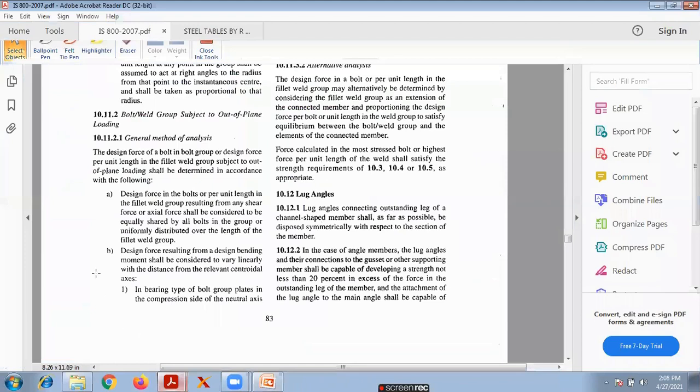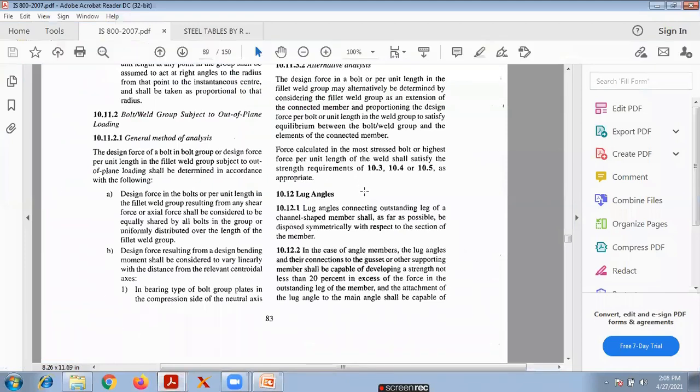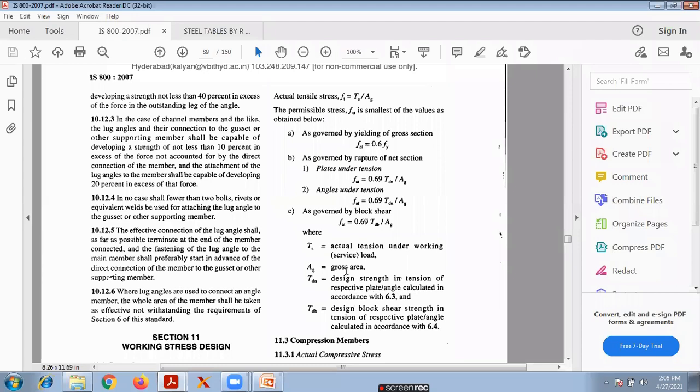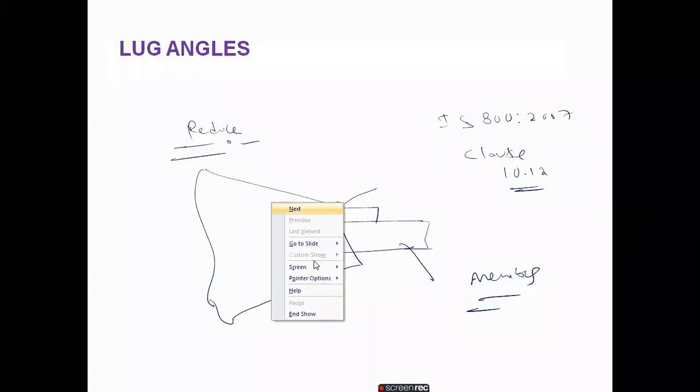If you open the IS 800 code book at page number 83, you will see 10.12 lug angles, with clauses 10.12.1 to 10.12.6, six clauses regarding lug angles. Most probably, whenever you take a channel or angle as the main member, these conditions apply.